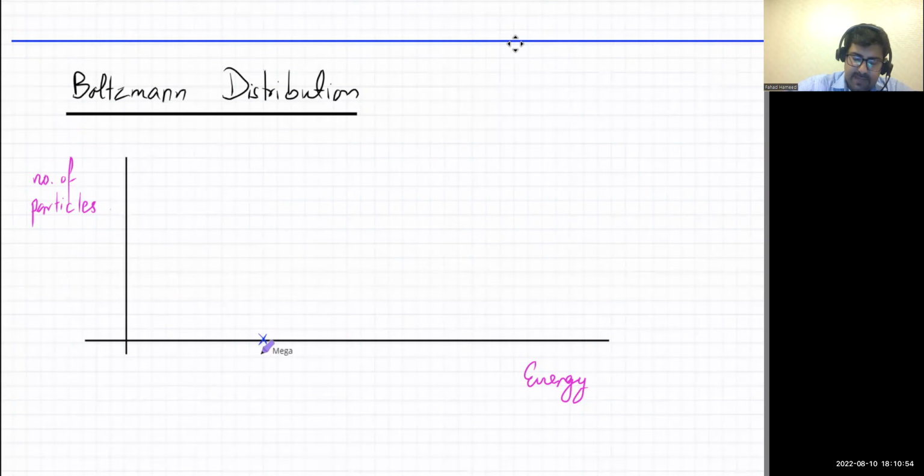So let's say this is my average energy. The highest number of particles will have energies around the average. Some particles will have energies greater than the average energy, slightly greater.